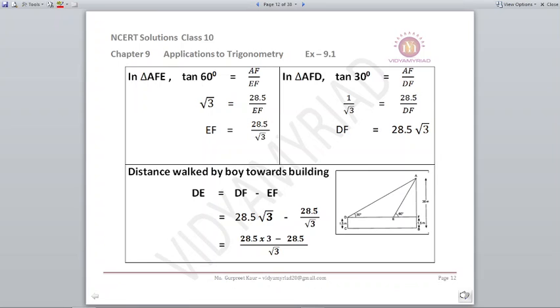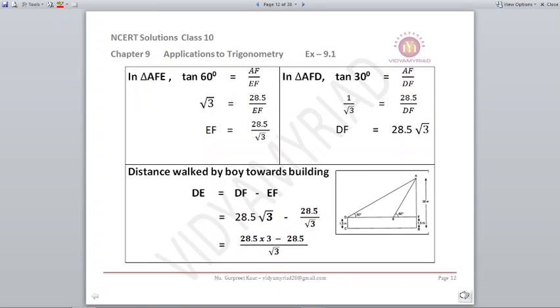From DF, if we subtract EF, then we get DE. We already have the values for DF and EF, so we will put them in and subtract. DF total value is 28.5 root 3 and EF is 28.5 upon root 3.